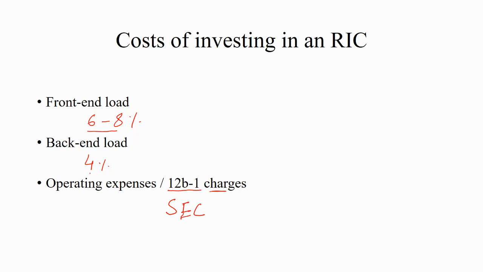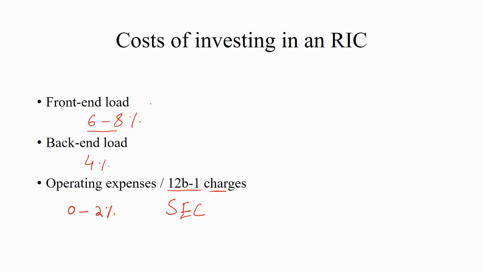And just like these percentages, operating expenses do have a percentage also. They range between 0 to 2% of the whole value of the assets of the RIC. Now, there are a few things which I would like to share with you regarding these expenses.